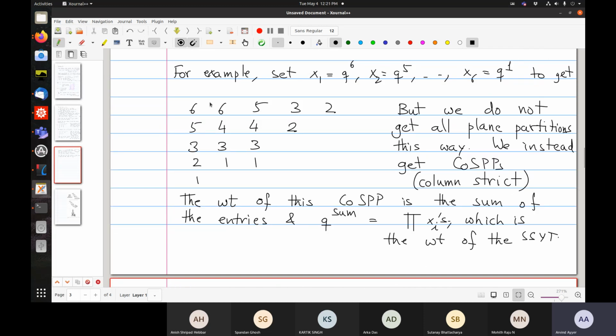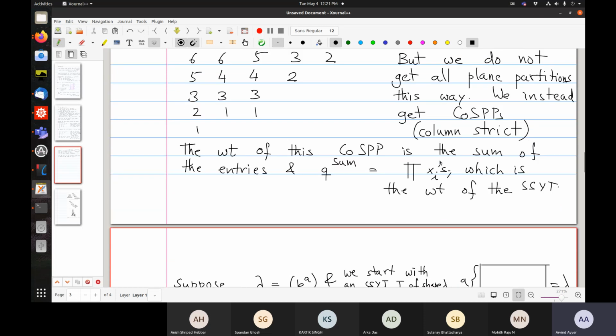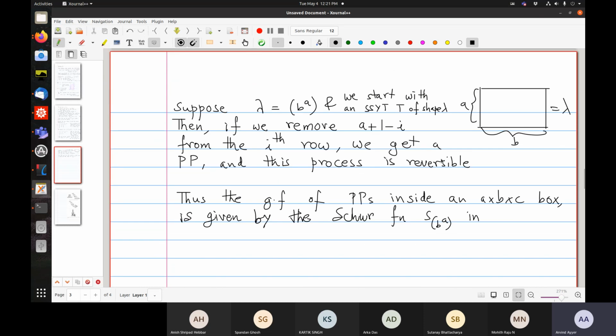We have to go a bit too high, because we'll get a co-SPP and then we have to subtract entries. So the number of variables that we will need is actually A plus C.